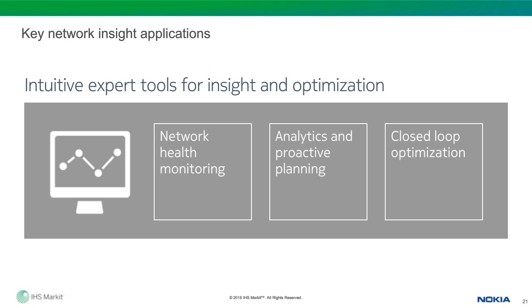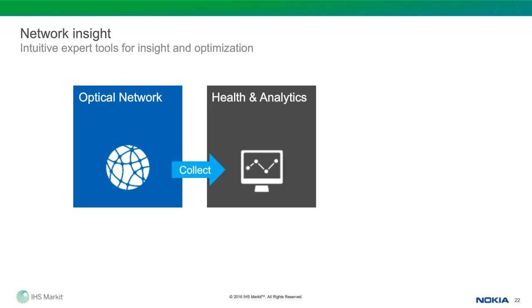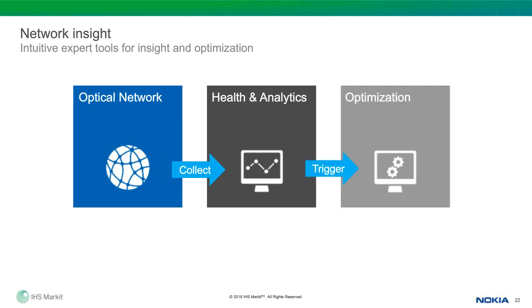If we look a little deeper at those on this next slide, as I mentioned, these network insight applications use real-time network intelligence to help you make smarter business, operational, and infrastructure decisions. They combine automation algorithms with analytics to maximize the performance of fiber optic links and channels.